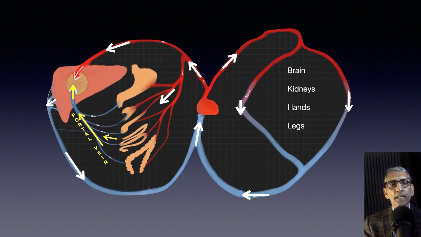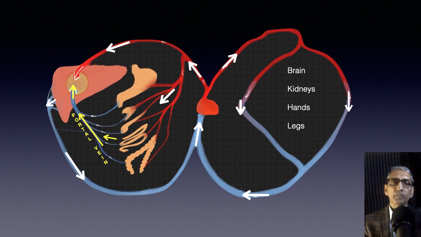The white arrows show the direction of flow of the blood in the arteries and the veins, and the yellow arrows show the flow of contents in the portal vein.